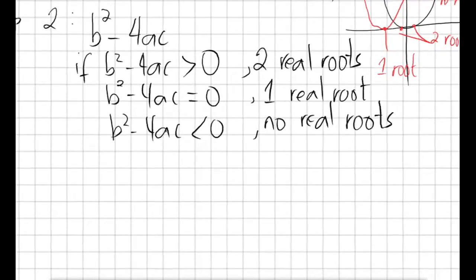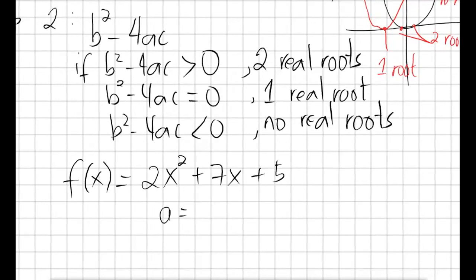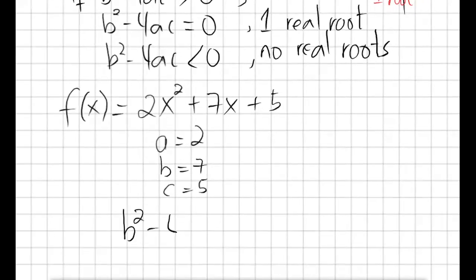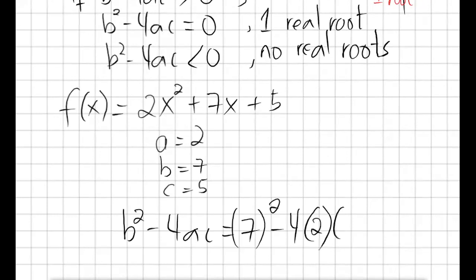Okay, let's go back to our function. f of x is equal to 2x squared plus 7x plus 5. So our a is 2, our b is 7, and our c is 5. Applying b squared minus 4ac, our b squared is 7 squared minus 4 times our a, which is 2, and our c, which is 5.